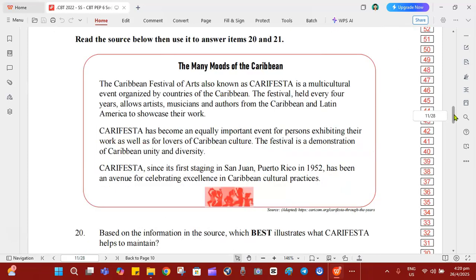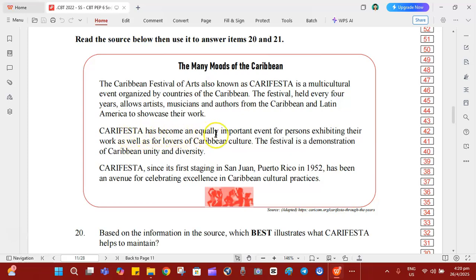Number 20, we have to read this little passage here, and it's to be used for 20 and 21. The Caribbean Festival of Arts, also known as CariFesta. CARI stands for Caribbean, Fest stands for Festival, and the Arts. CariFesta is a multicultural event organized by countries of the Caribbean. The festival, held every 4 years, allows artists, musicians, and authors from the Caribbean and Latin America to showcase their work.